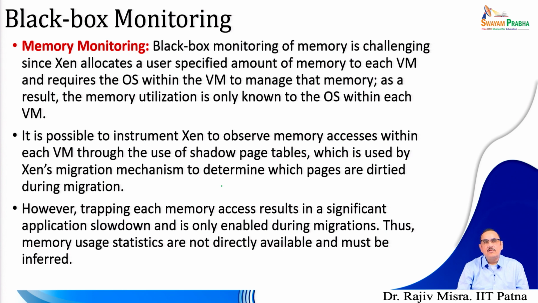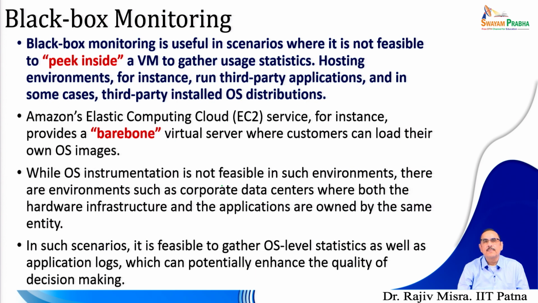It is possible to instrument Xen to observe the memory accesses within each virtual machine through the use of shadow page tables, which are used by Xen's migration mechanism to determine which pages are dirty during the migration. However, trapping each memory access results in a significant application slowdown and is only accessible during the migration. Thus, the memory usage statistic is not directly available and must be inferred.